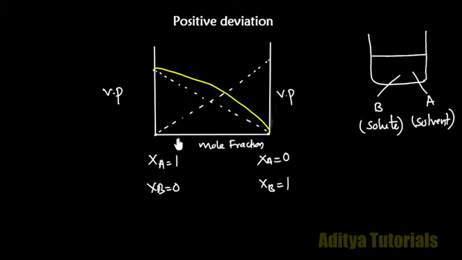Similarly, for the other component, that is B, we have it like this. It is deviated from its position, and for the ideal behavior, we can extend this by connecting the lines.